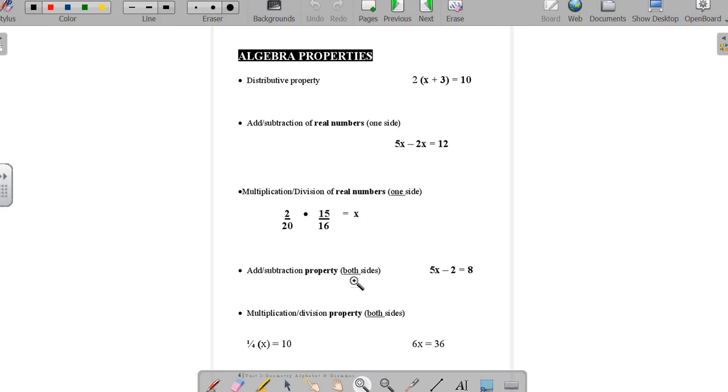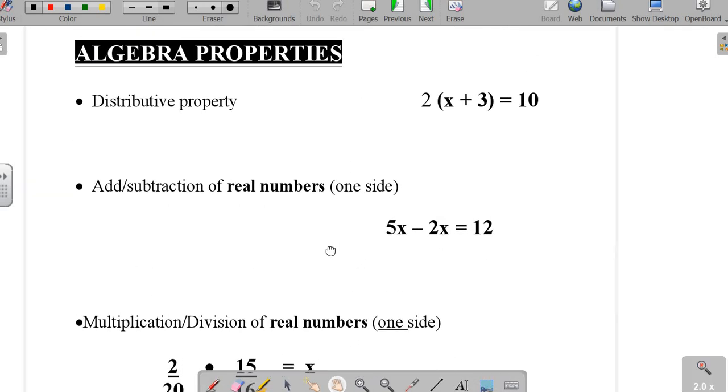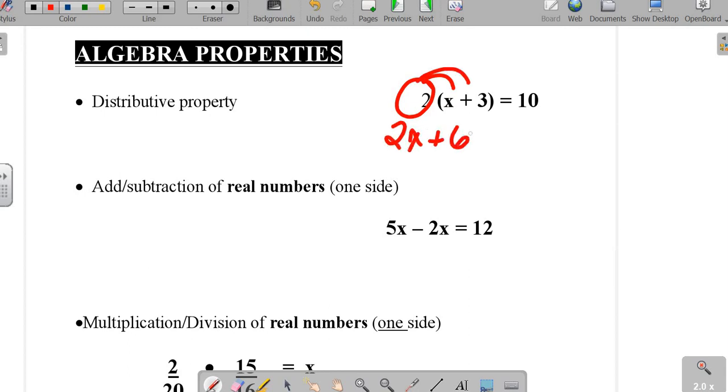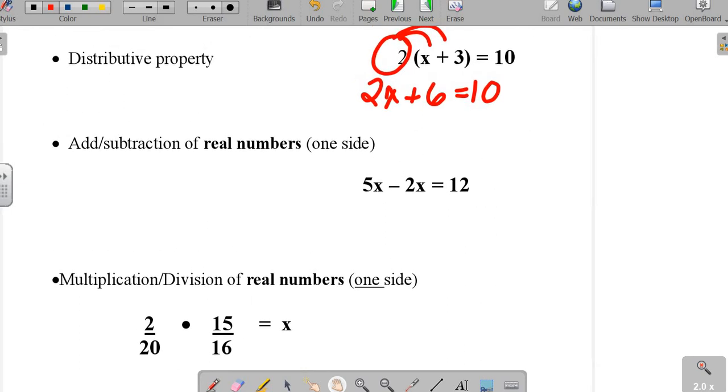So what we're going to do is summarize some of the algebraic truths that you already know. Distributive property. If you add or subtract on one side of the equal sign, you know it is collecting like terms here.